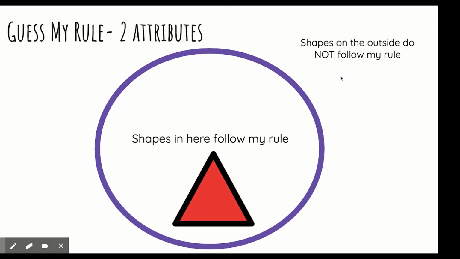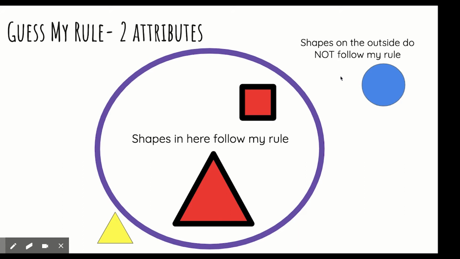The large red triangle with thick lines follows my rule. But the small yellow triangle with thin lines does not. Neither does the small blue circle with thin lines. Oh, but the small red square with thick lines does.